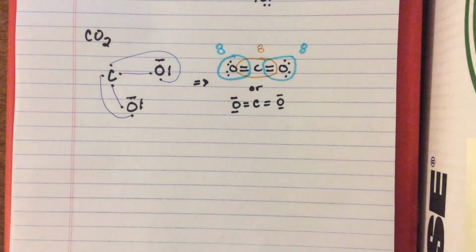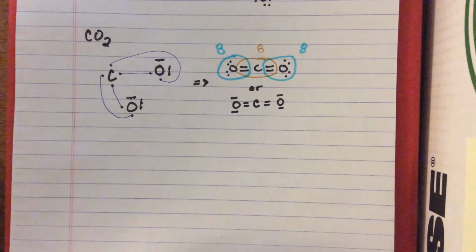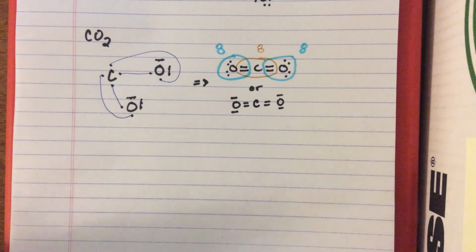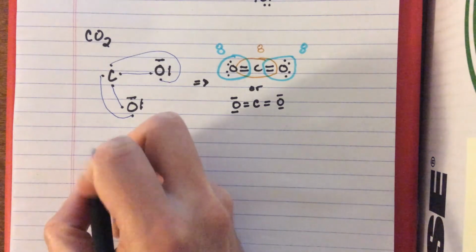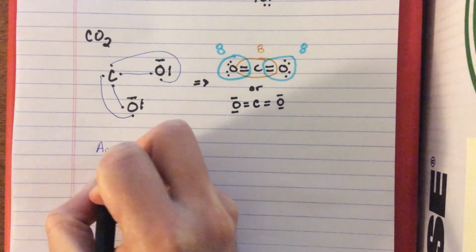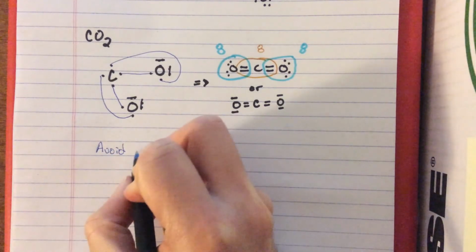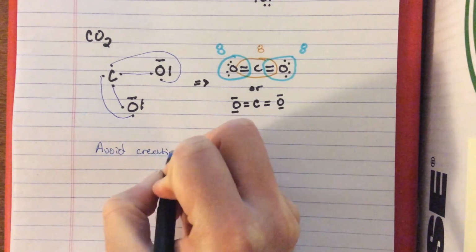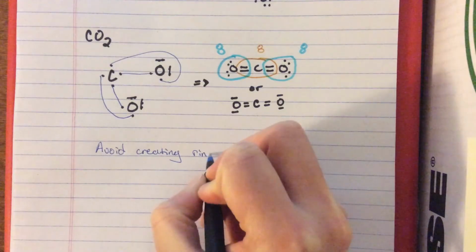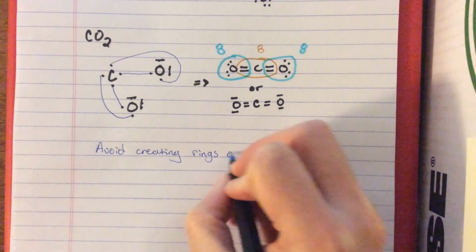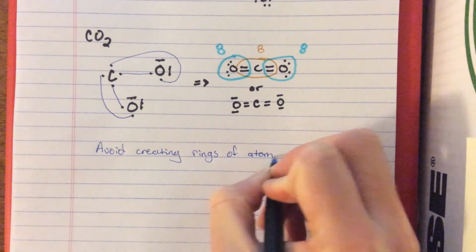One thing that I have noticed people tend to do is they like to connect their atoms into rings. This is not a good idea. Rings are generally not stable, particularly if you only have 3 members of the ring. That's not really a ring, that's more like a triangle. So whenever possible, we want to avoid creating rings of atoms in our structure.